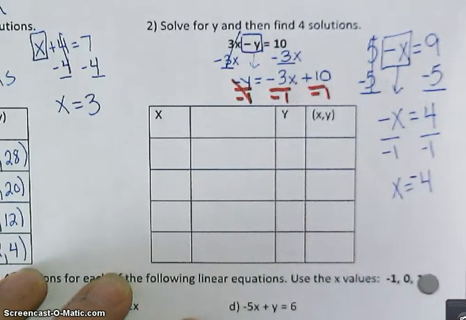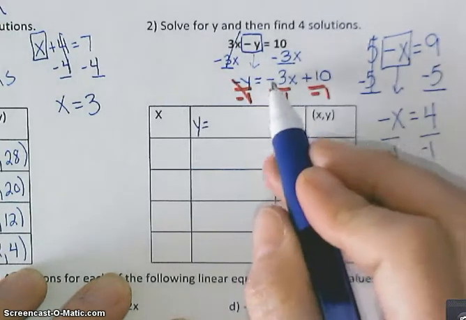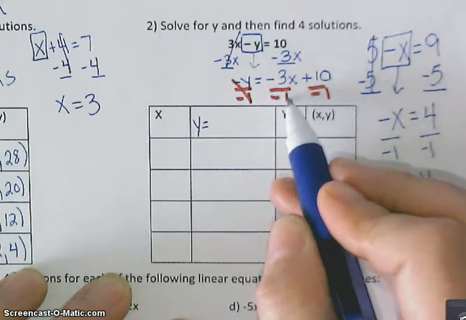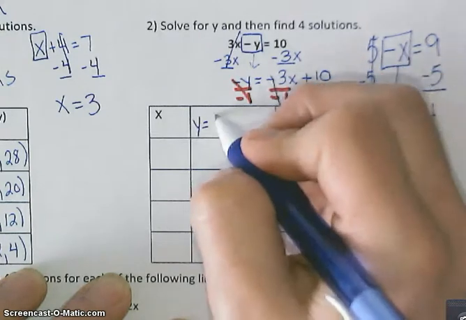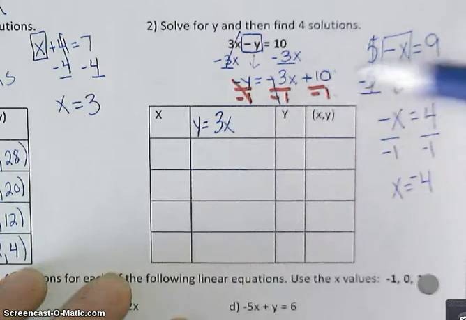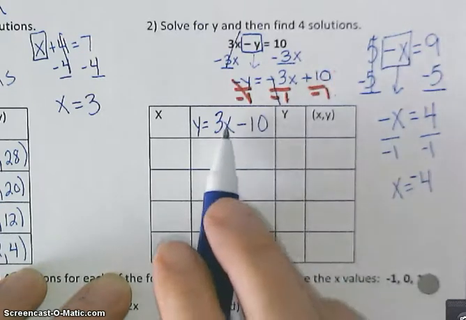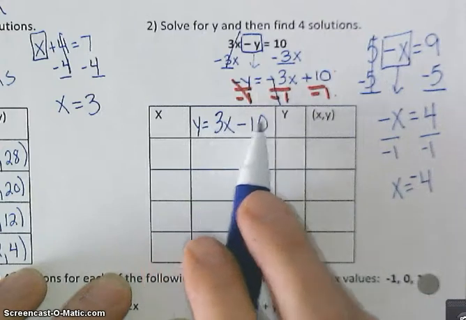So now my new function is y equals -3 and -1 will give me a positive 3x, and a positive 10 and a -1 will give me a -10. So my new function is y equals 3x minus 10.